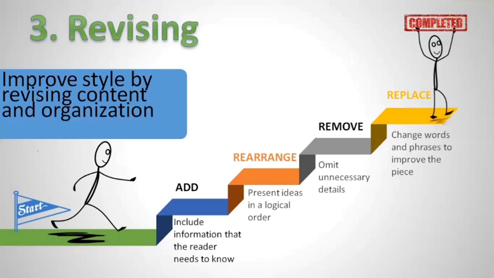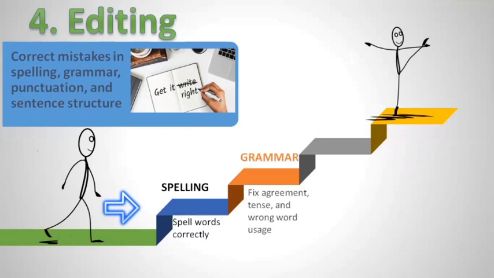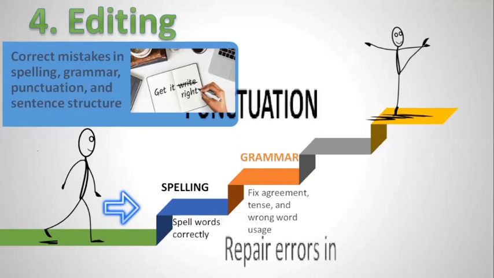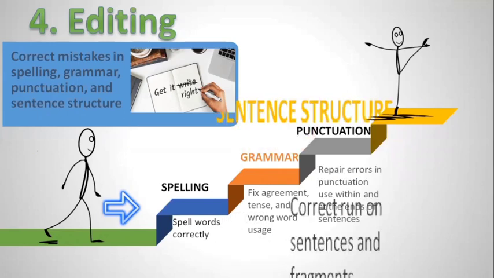Let's see what we're going to do in step 4. Step 4 is editing. Now we're going to look at our piece of writing and we're going to correct any mistakes that we may have made. You're going to look at your spelling, your grammar, your punctuation, and your sentence structure.